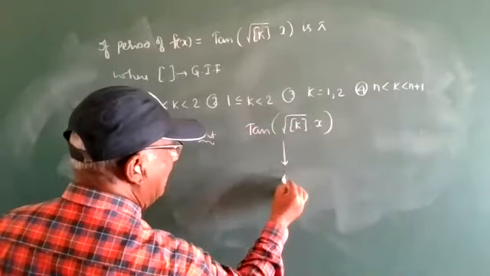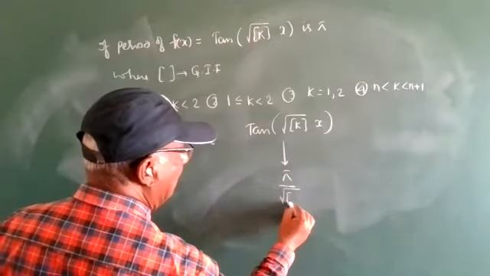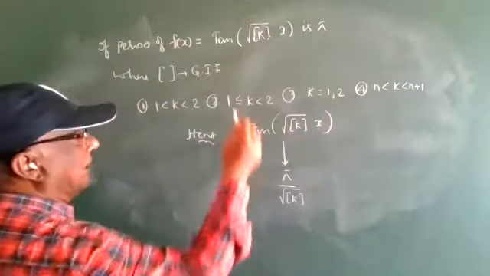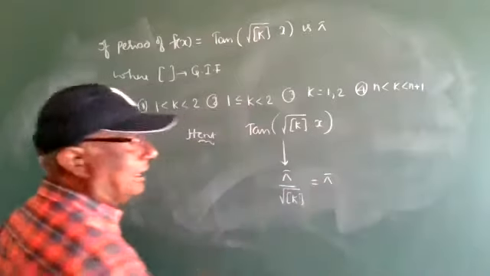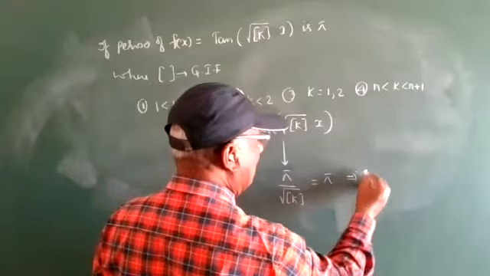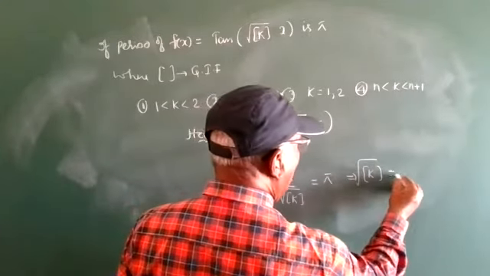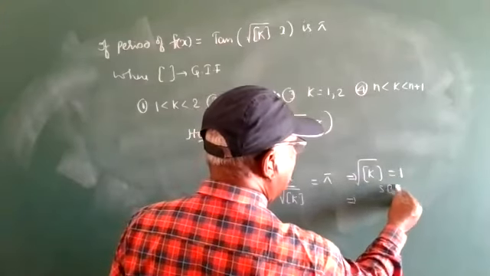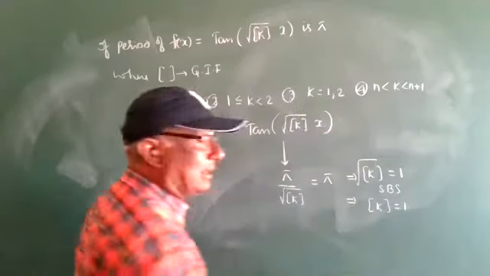Therefore, the tan period is pi by the x coefficient, root of k. Already its period is given as pi. Pi cancels. So root of step of k is equal to 1. Squaring on both sides, step of k is equal to 1.